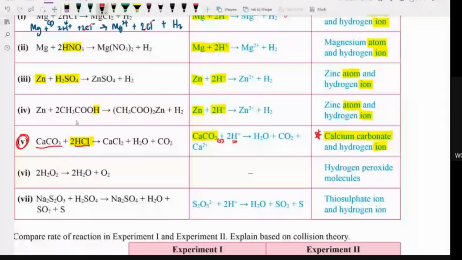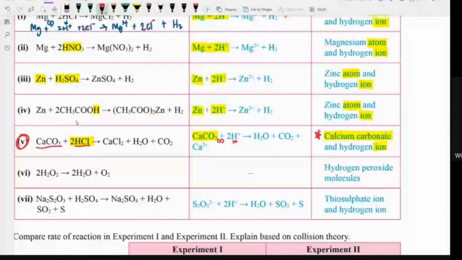Okay, so next one, this one is H2O2. So class, what is this? This is not water. Water is H2O. This is called hydrogen peroxide. Why dash?